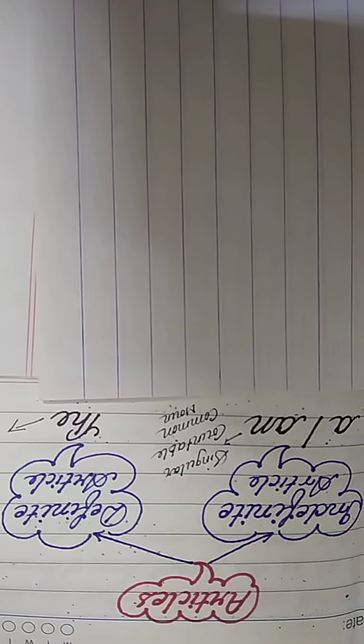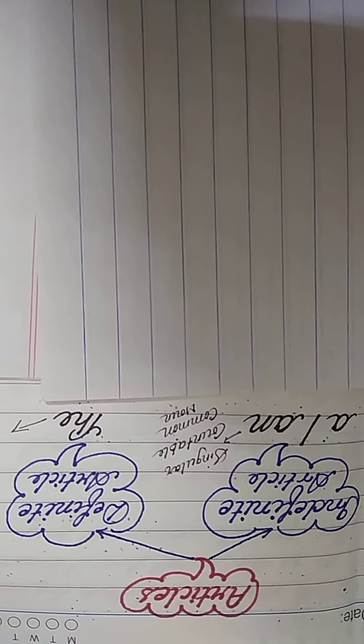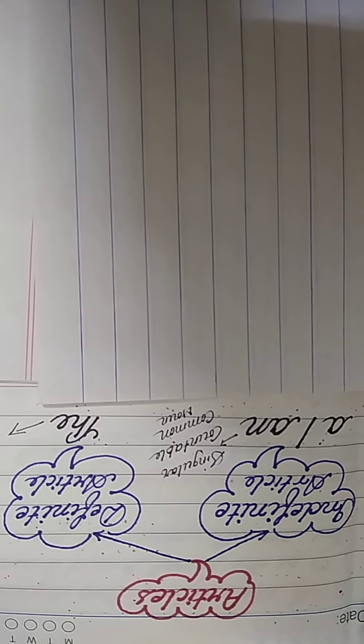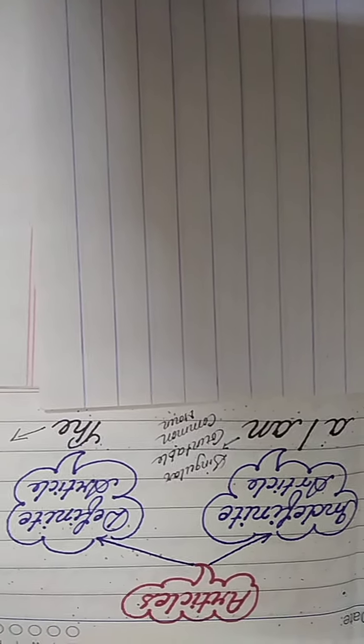Today we are going to talk about the use of articles while speaking, writing, even for competitions too. In English grammar, you must have experienced two kinds of articles: definite articles and indefinite articles.